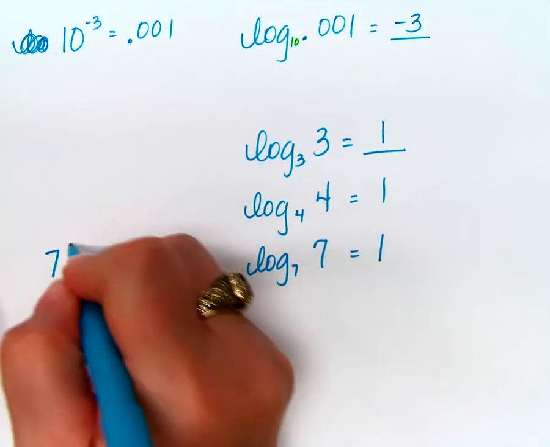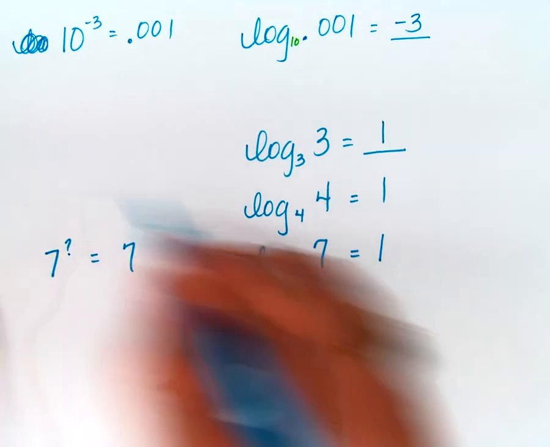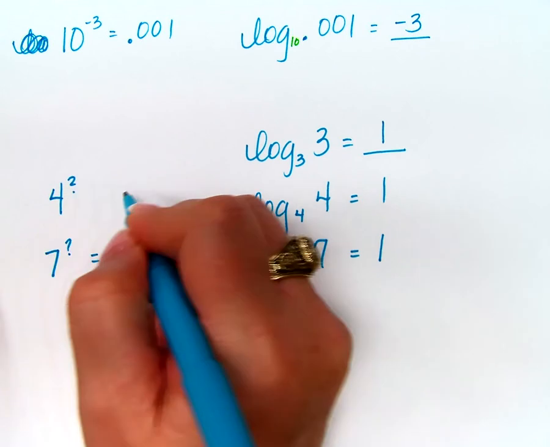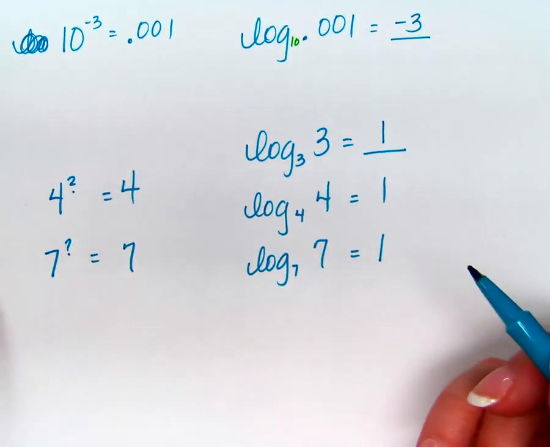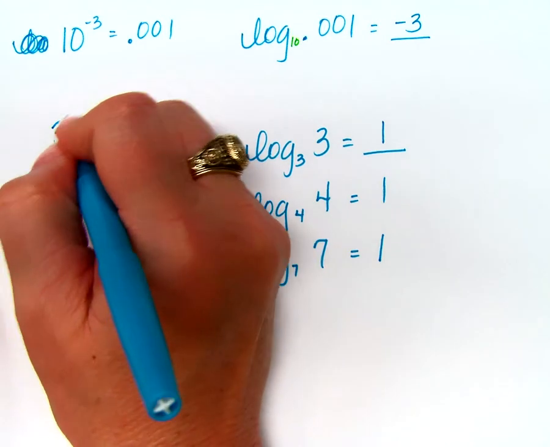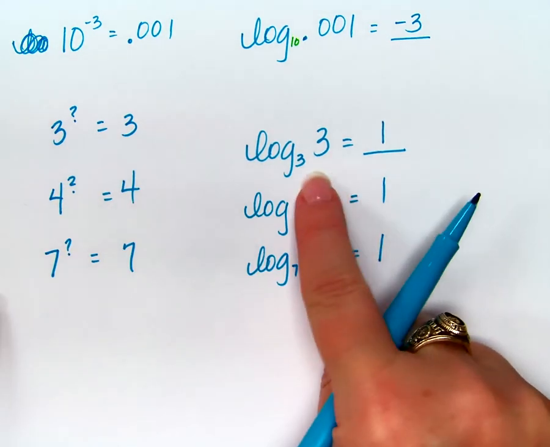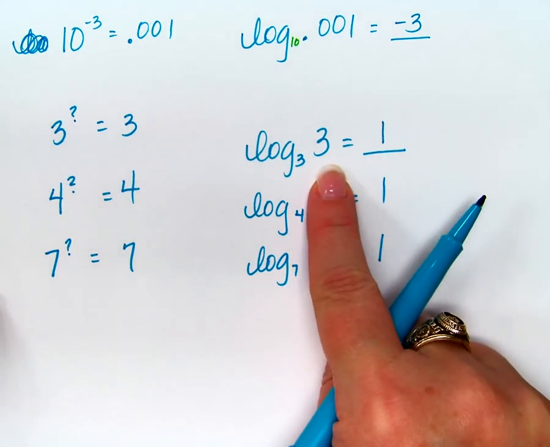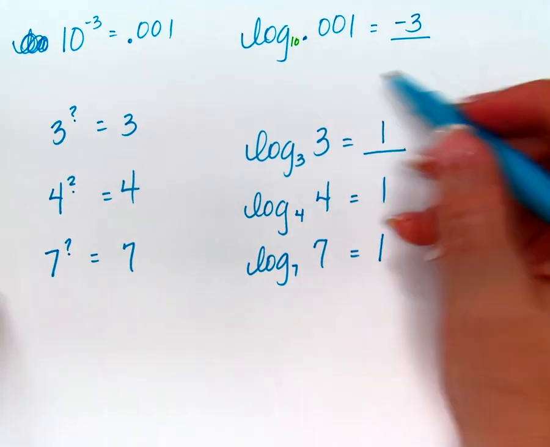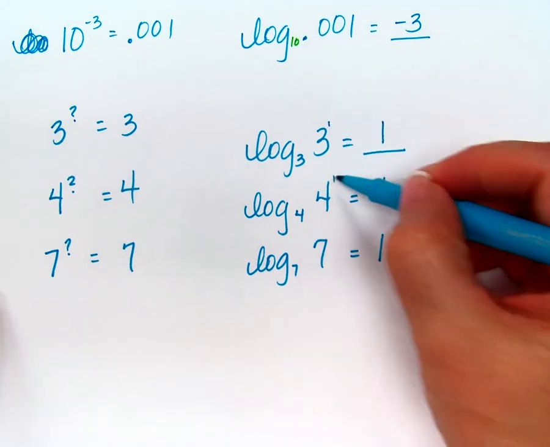The base to some power equals the argument. So if the base and the argument are the same, what's true? It's to the 1 power because what's the exponent here?